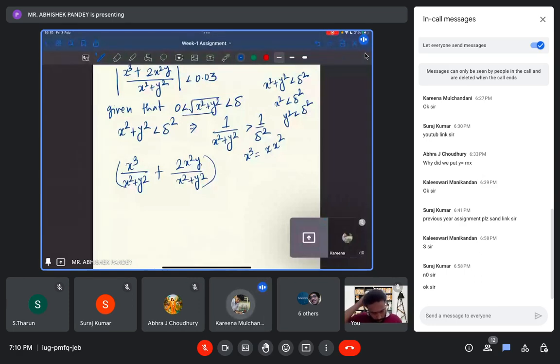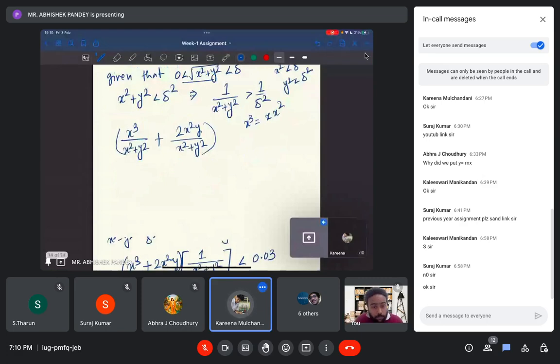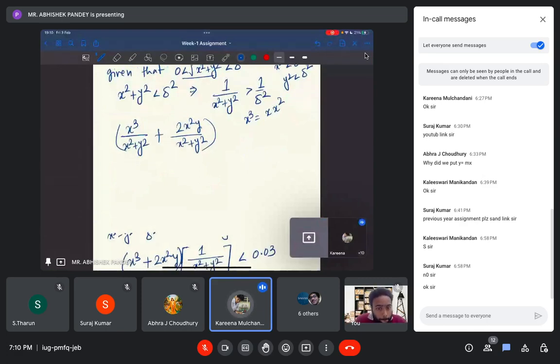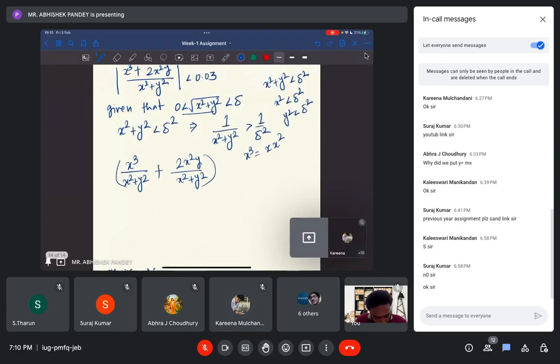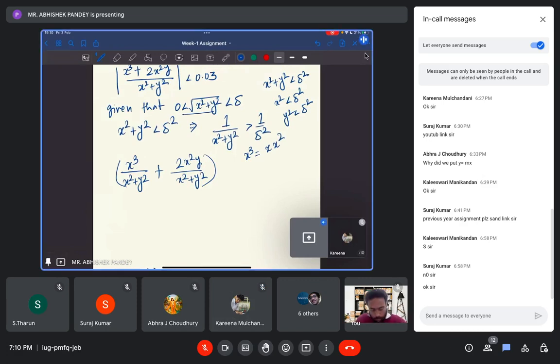Sir, we can also write mod of x is less than or equal to delta and mod of y is less than or equal to delta and solve it that way. Okay, so mod of x is less than delta and mod of y is less than delta. This is what you want to say?